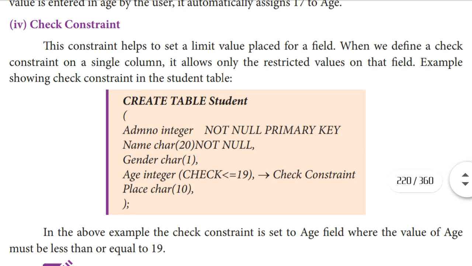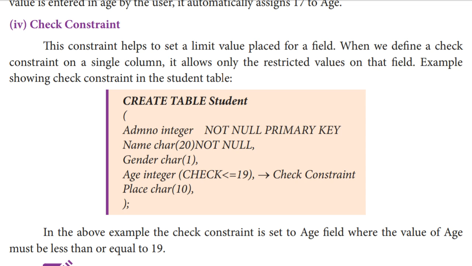Check constraint. Now, for example some exams, if you see some government exams, they give the age limit. So age is not more than 30 or 35, like that they give. So when we are filling the form, automatically it calculates our age with the help of the date of birth. So that time if our age is more than 35, it won't allow us to fill the form.